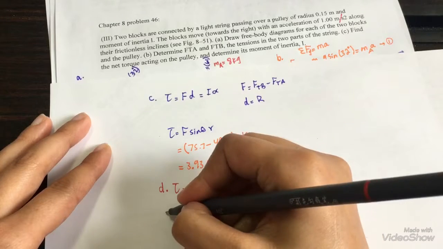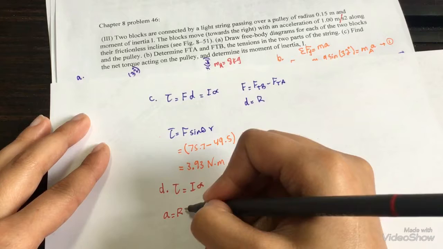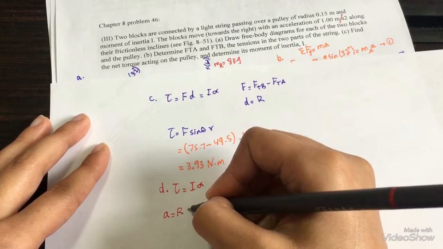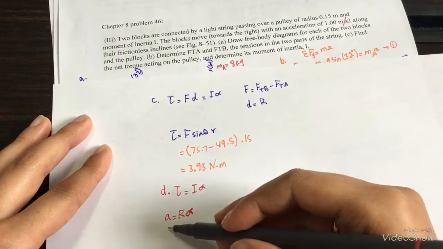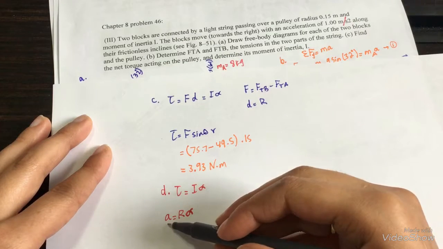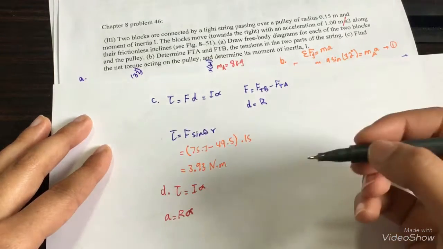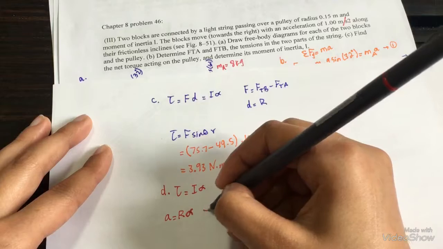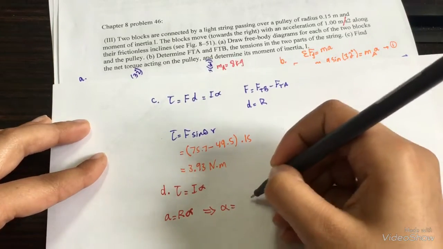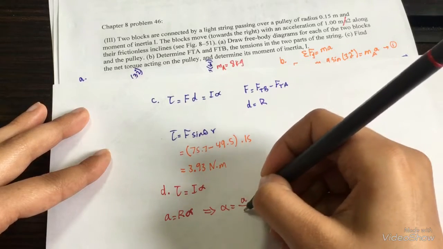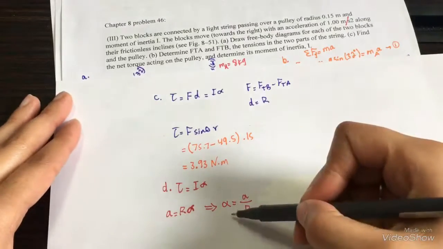We can find alpha from this equation: acceleration equals radius times alpha. We have the acceleration and the radius, so we can easily find alpha. Solving for alpha, it's acceleration over r.